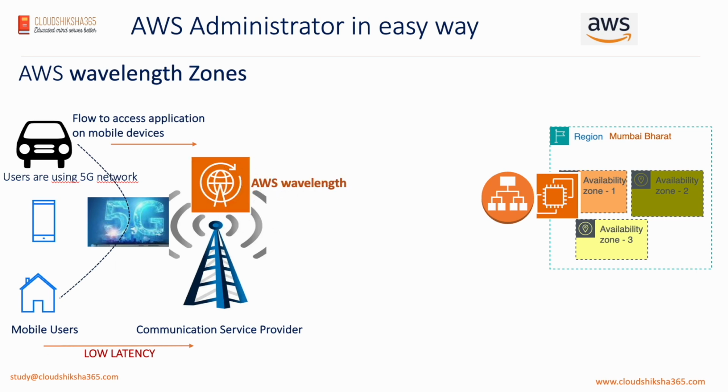With this AWS Wavelength Zone, they are placing their compute and resources within the CSP. Now when you make a request, it is not going that far; rather, with your 5G, it's directly connected to the nearest communication service provider data center, and you are able to access your application very quickly. That means there is very low latency, and the flow to access your application on mobile devices is also shorter.